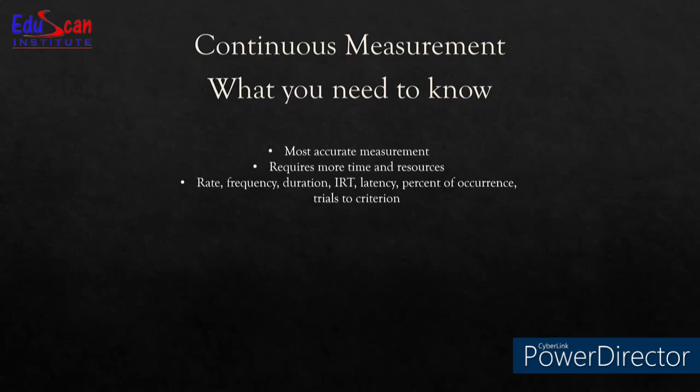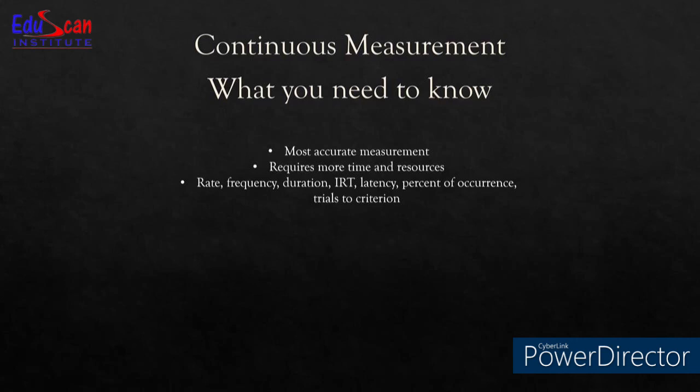Percent of occurrence. Percentage is very important in every set of measurement. So how do you calculate it? If out of 5 trials, 2 are correct, every time 2 divided by 5 trials multiplied by 100, depending upon what you are measuring. And of course the trials to criterion, which is very important, is that we set the criterion. We say 3 consecutive corrects or 5 consecutive corrects.